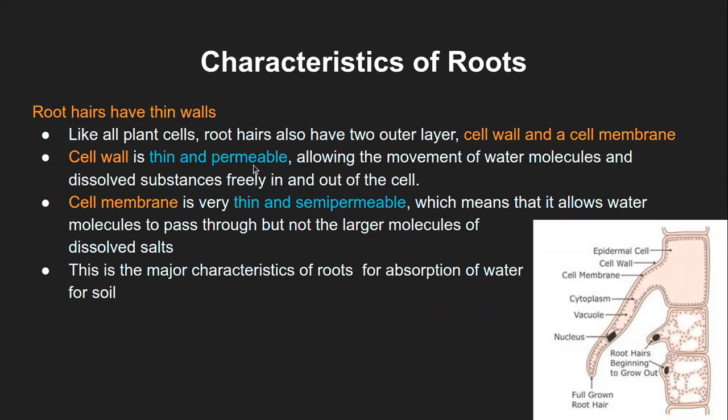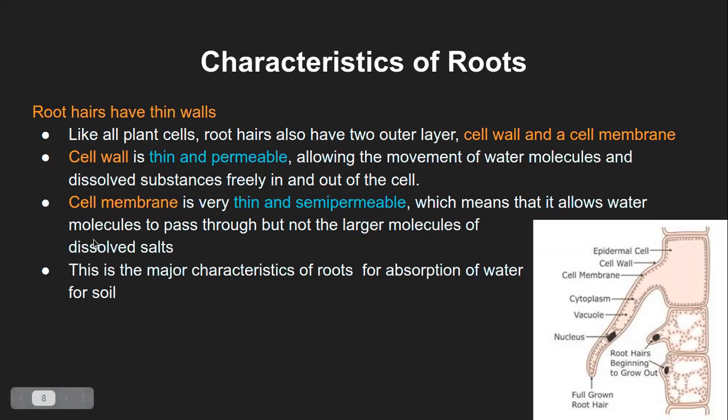Permeable means it will allow most things to pass through it, allowing the movement of water molecules and dissolved substances freely in and out of the cell. So whether something is coming inside or going outside, in both cases the cell wall will allow the transport across the membrane.